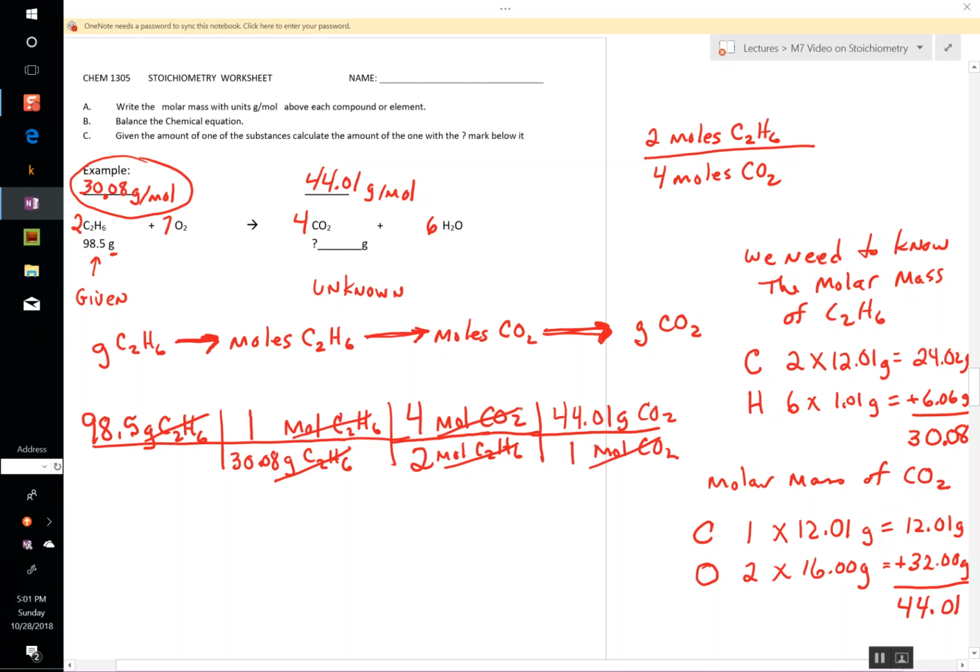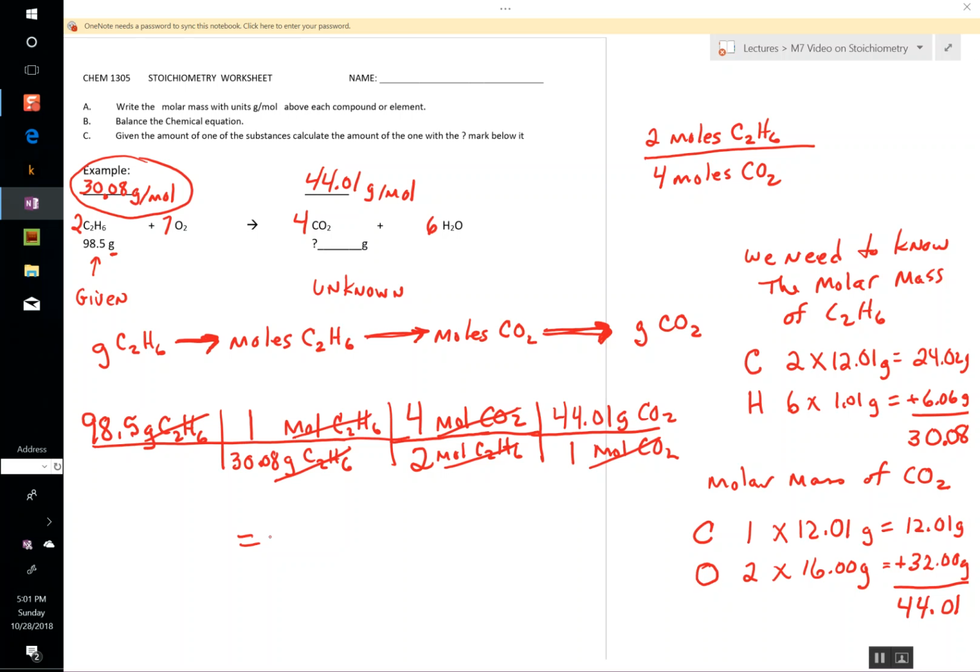And you can see by this calculation, we have converted grams of C2H6 into grams of CO2. Take your calculators and multiply all the numbers in the numerator together and then divide them successively by each of the numbers in the denominator.